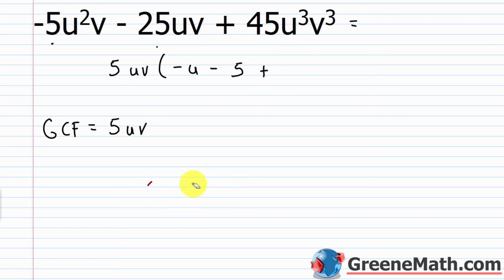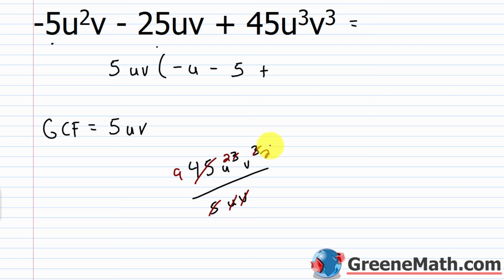Next we have 45u cubed v cubed over 5uv. So 45 over 5 is 9. u cubed over u is u squared. v cubed over v is v squared. So this is going to end up being 9u squared v squared. Okay, so that's my answer. 5uv times the quantity negative u minus 5 plus 9u squared v squared.